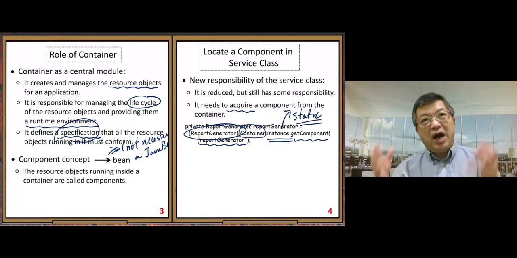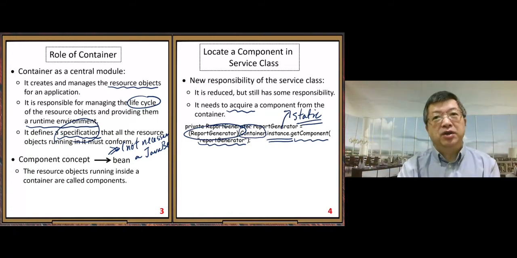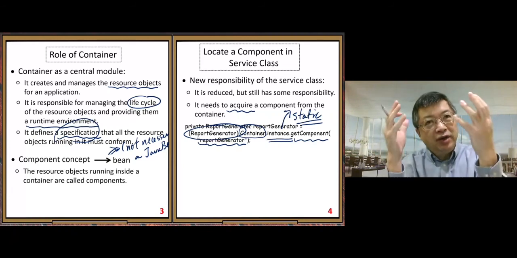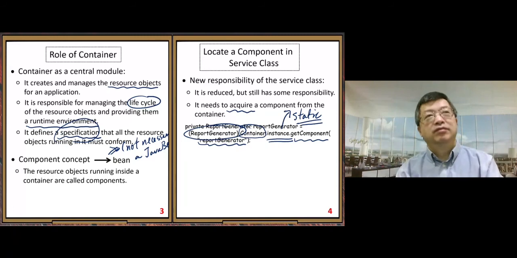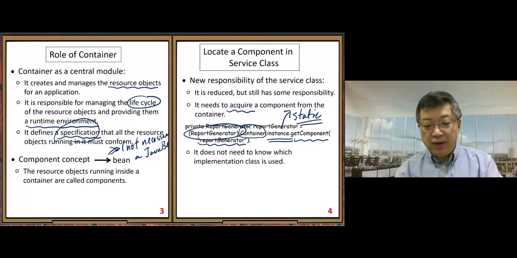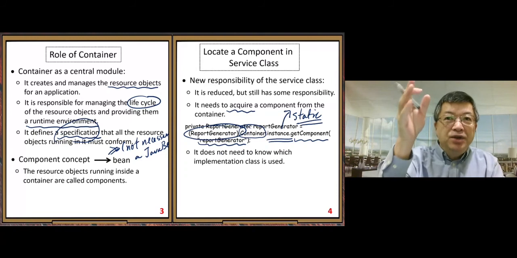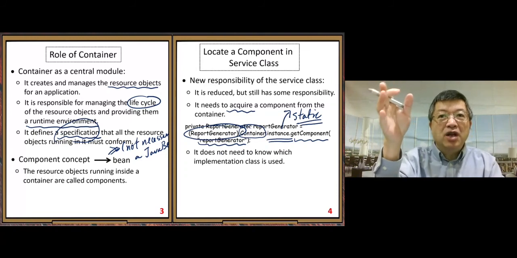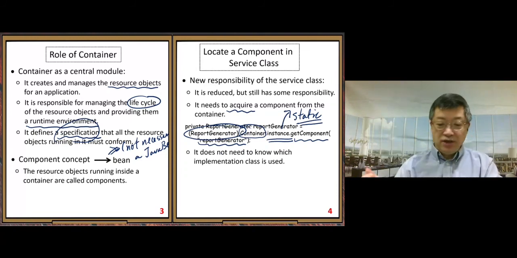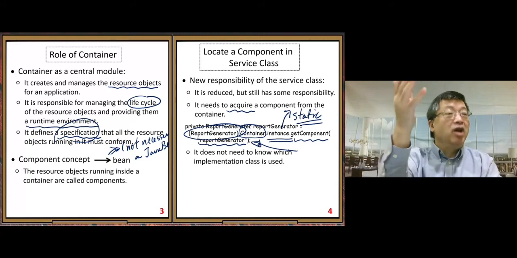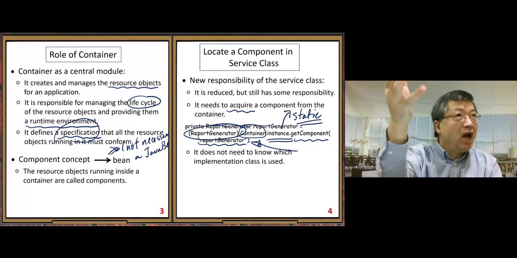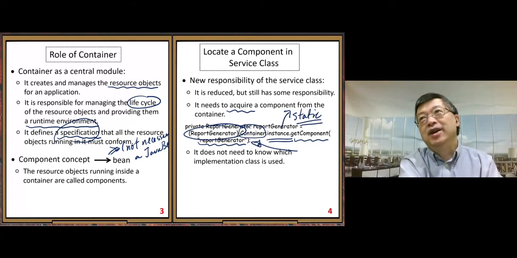All right. So after you do that, you acquire your dependency object. You look up your dependency object. Okay, so that's the new responsibility. So it does not need to know which implementation class is used. So here, when you get component by its name, you do not know what implementation class is behind this name, right?